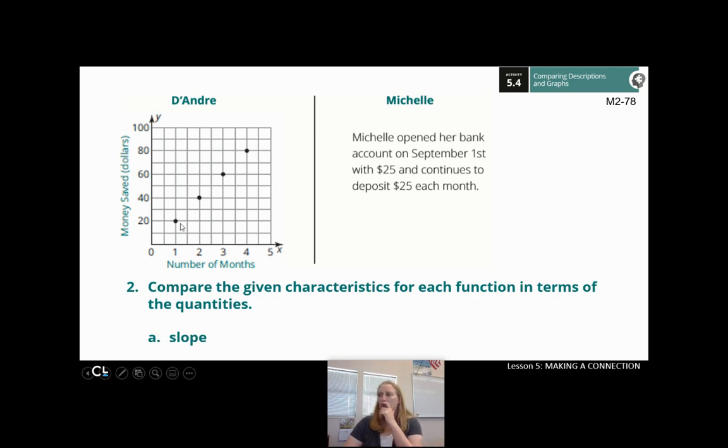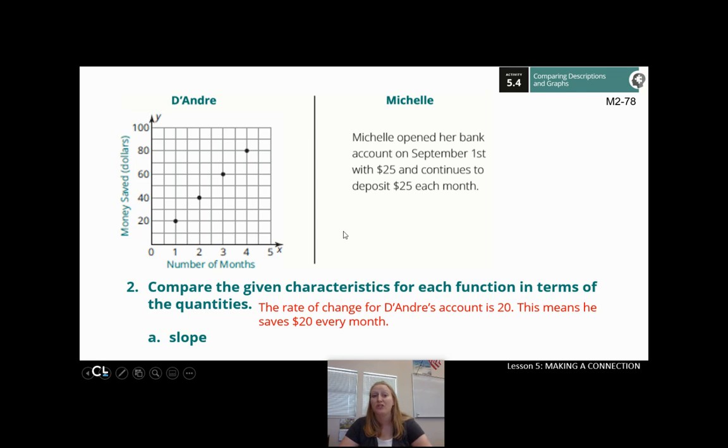All right, well, the slope, what do we got here? It looks like we go over 1, up 20, over 1, up 20, over 1, up 20. So I probably should phrase it better. Slope is rise over run, right? So we rise 20 for every 1 that we go over. So it looks like DeAndre's slope, or his rate of change, is 20.